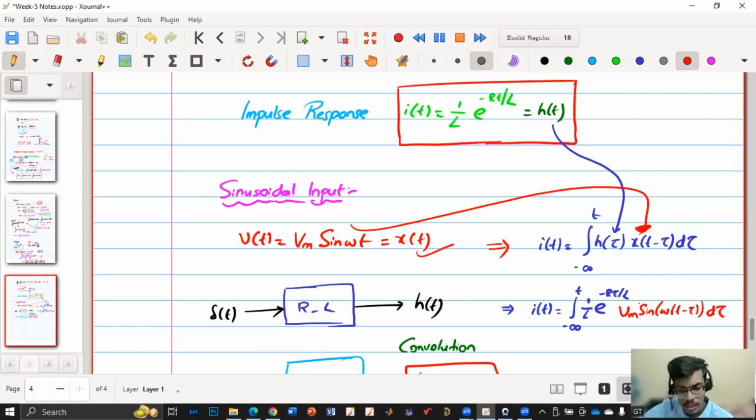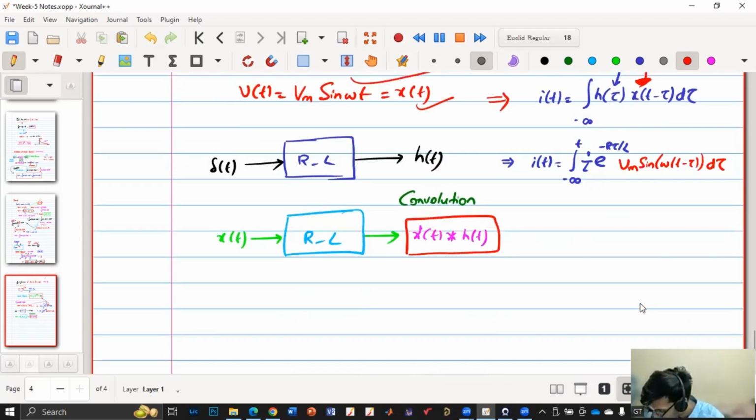Or in a simplified way, I can also write this as I of t, because I know that the integral from minus infinity to t of h of tau x of t minus tau d tau is equal to the integral from minus infinity to t of x of tau h of t minus tau.